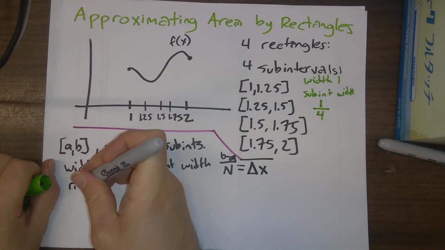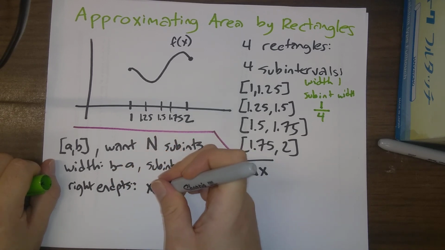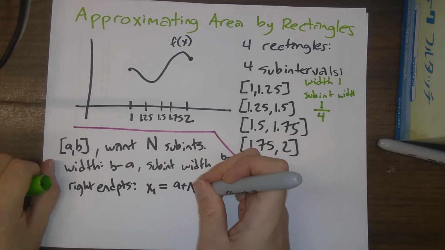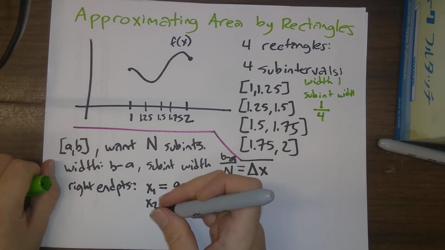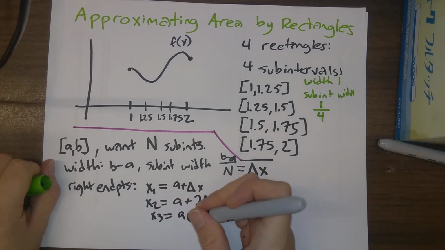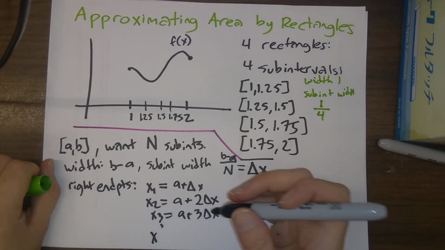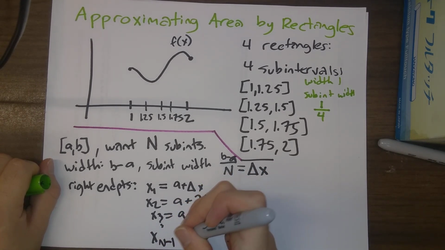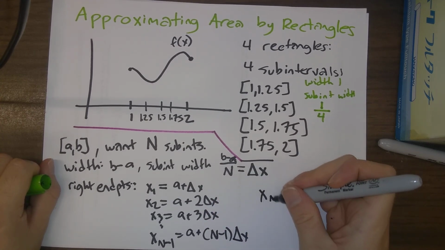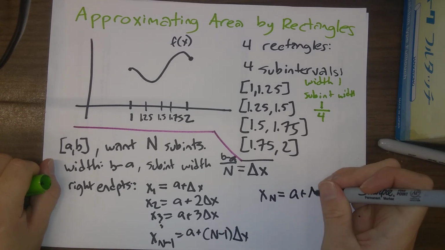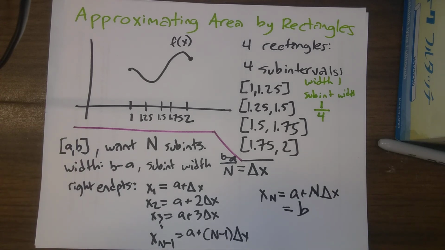So the right endpoints are going to be x1 is a plus delta x, x2 is a plus 2 delta x, x3 is a plus 3 delta x, all the way out to x sub n minus 1 is a plus n minus 1 times delta x, and x sub n is a plus n delta x, which is really equal to b here.